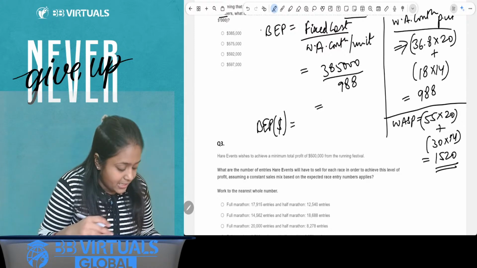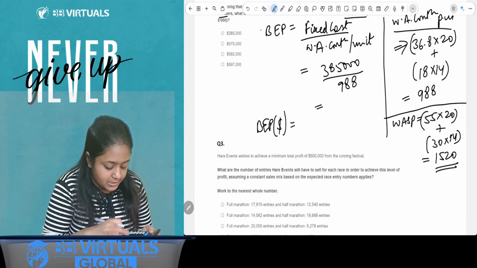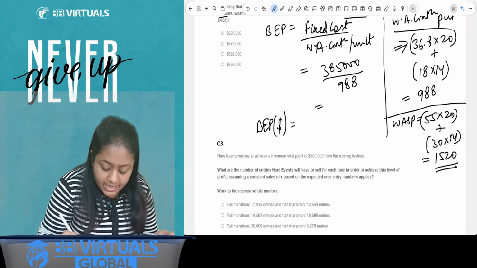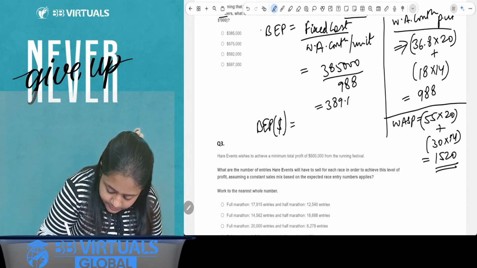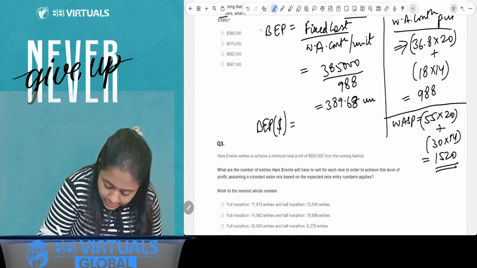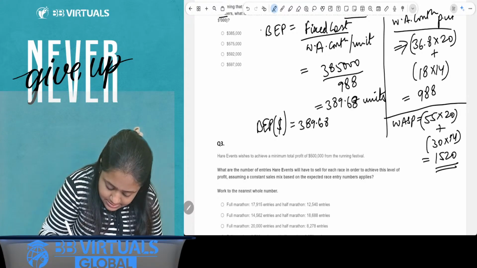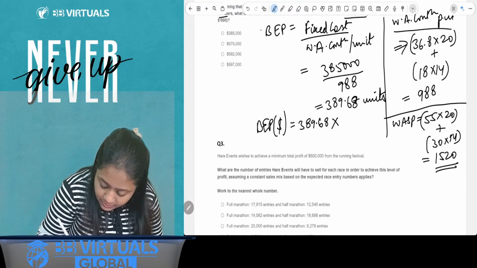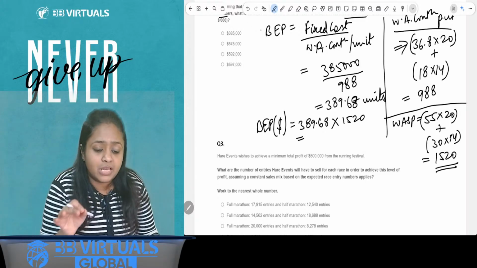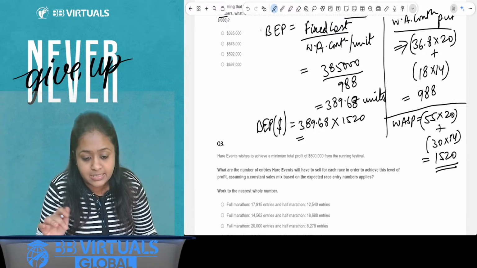Now when you divide it, let's get the answer. 385,000 divided by 988 is 389.68 units. Now you multiply 389.68 by the weighted average selling price, which is 1520. There may be differences just in decimals, that's all. Otherwise it will give you the correct answer.